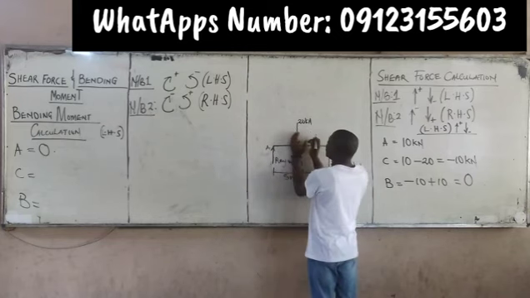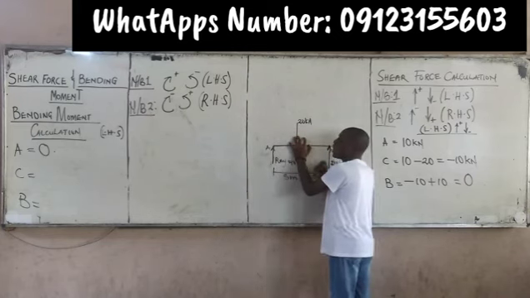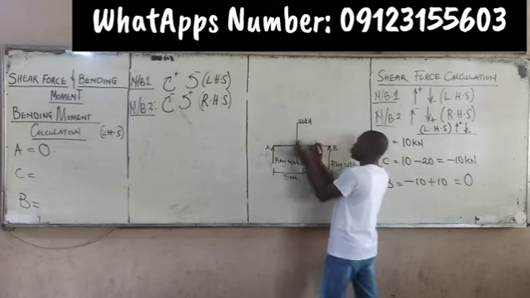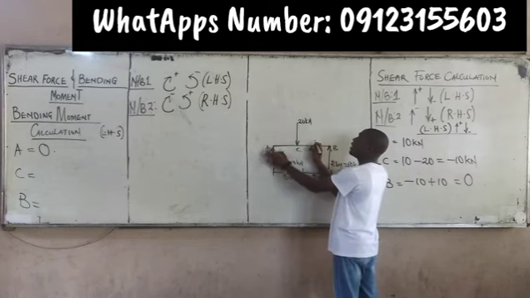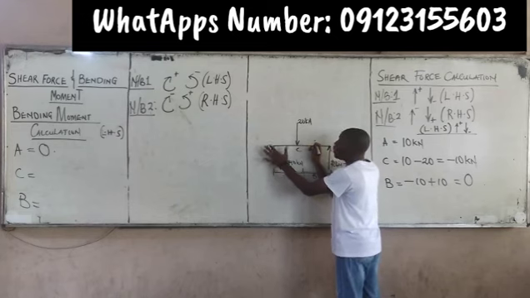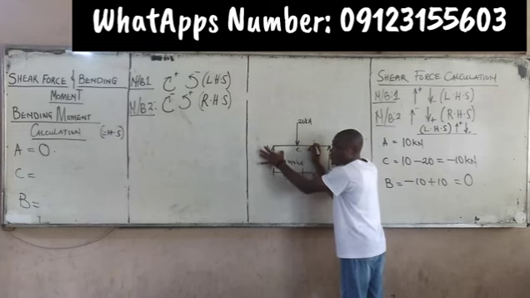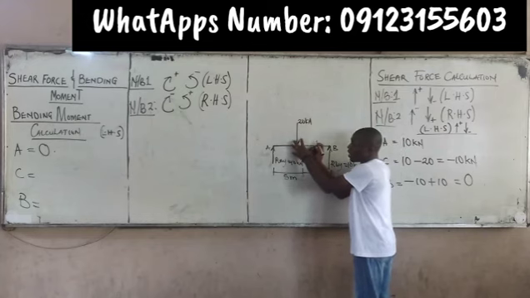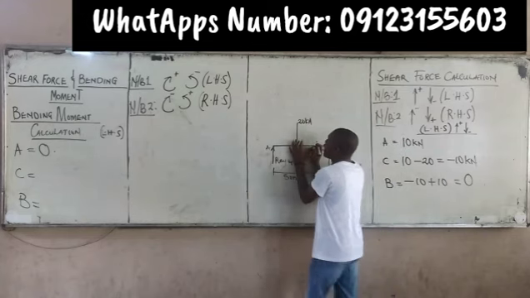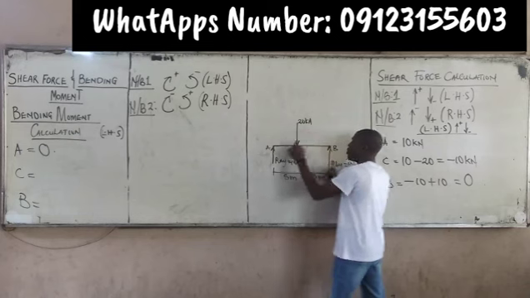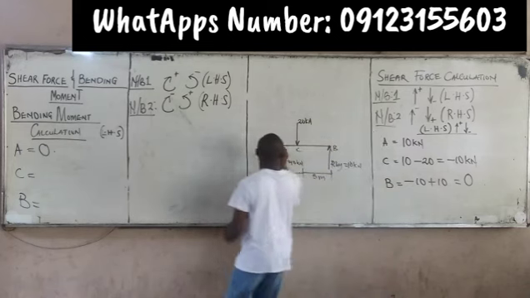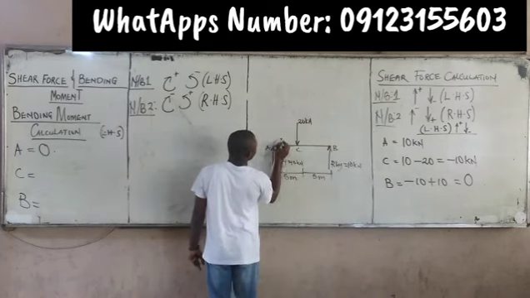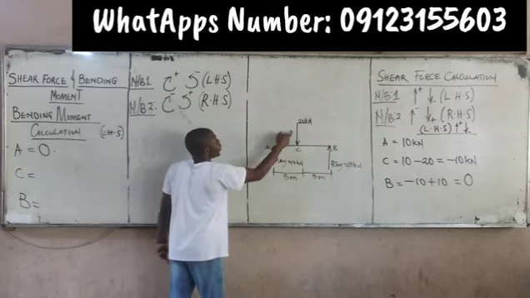For C, if C is 0, I still have a force coming like this, which is A. In this case, A will be alive, A will be existing. A is no more 0 because I'm considering another section, C. So when A moves to C, it moves in this manner. This manner is called a clockwise direction.